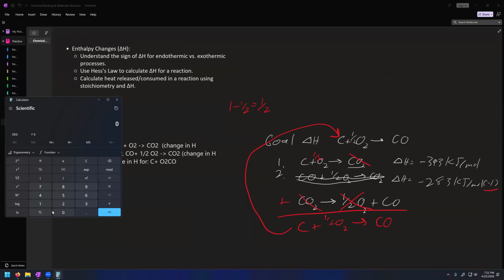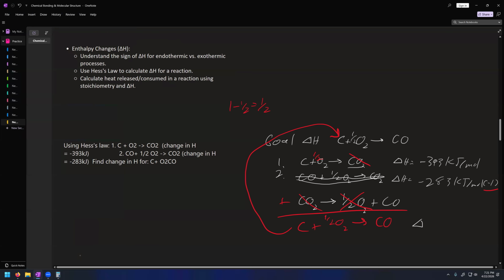So real quick, negative 393 plus 283 gives me, oh, that negative sign didn't apply, sorry. It's negative 393 plus 283, which gives me negative 110 as the delta H for this process.